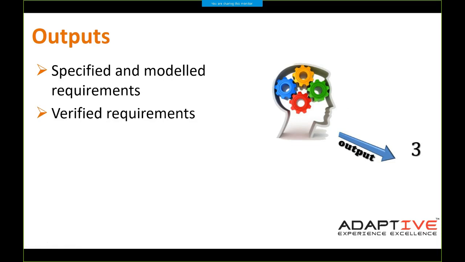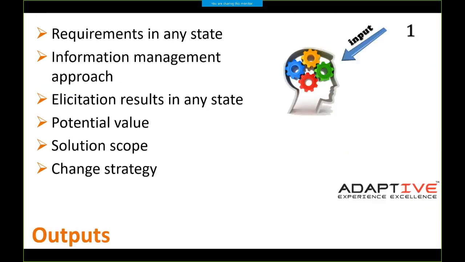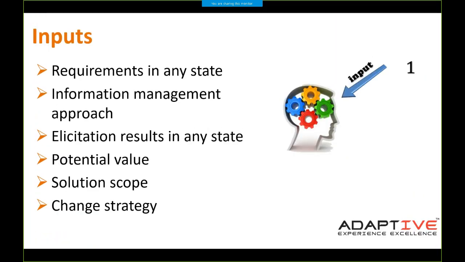Verified, yes. Correct. Elicitation results are just elicitation results. You can validate the results of elicitation, but elicitation results are specifically just a regurgitation of what you believe you heard.